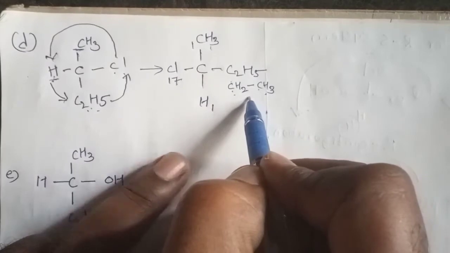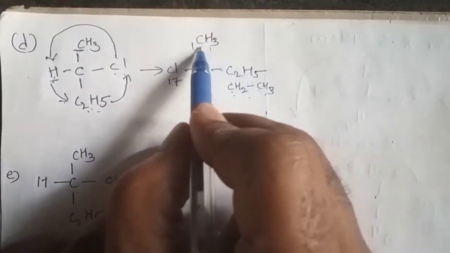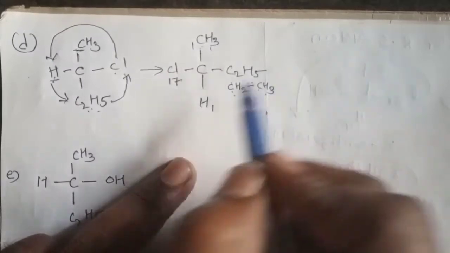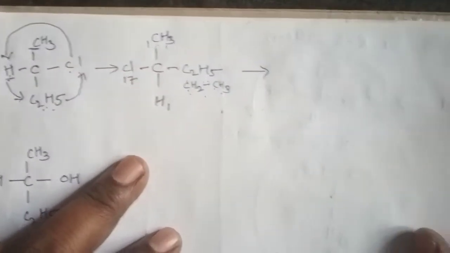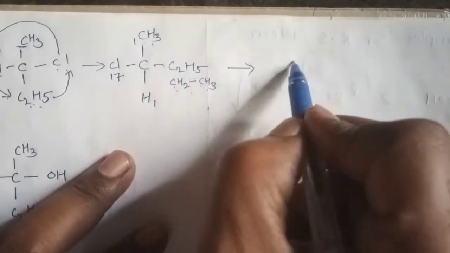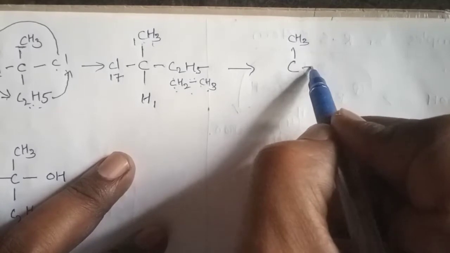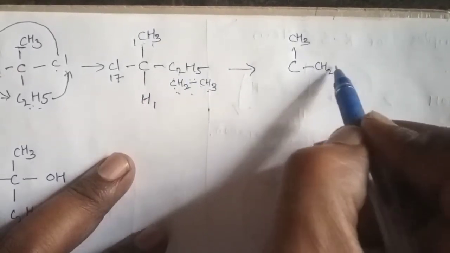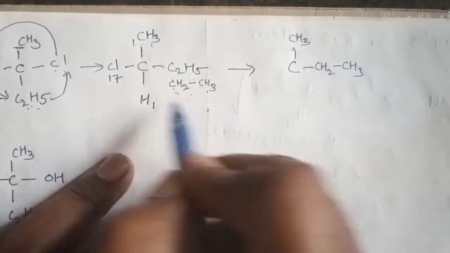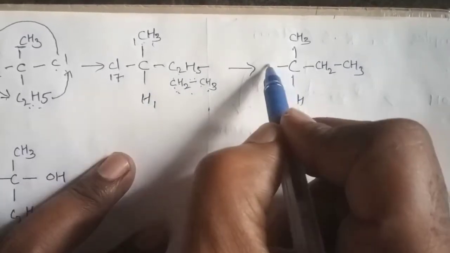So this is a second priority. In these two, this will get first priority, then this will get next priority according to atomic number. Here CH3, and this is written like this: CH2 and CH3, and this hydrogen, and here chlorine.